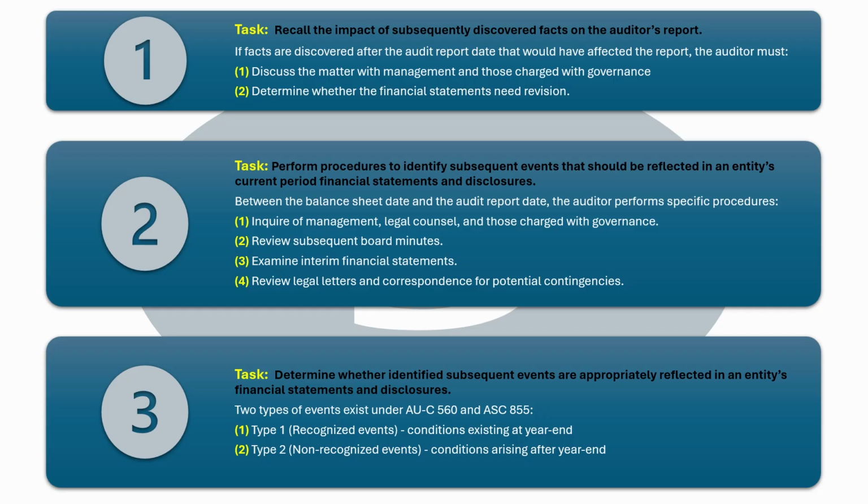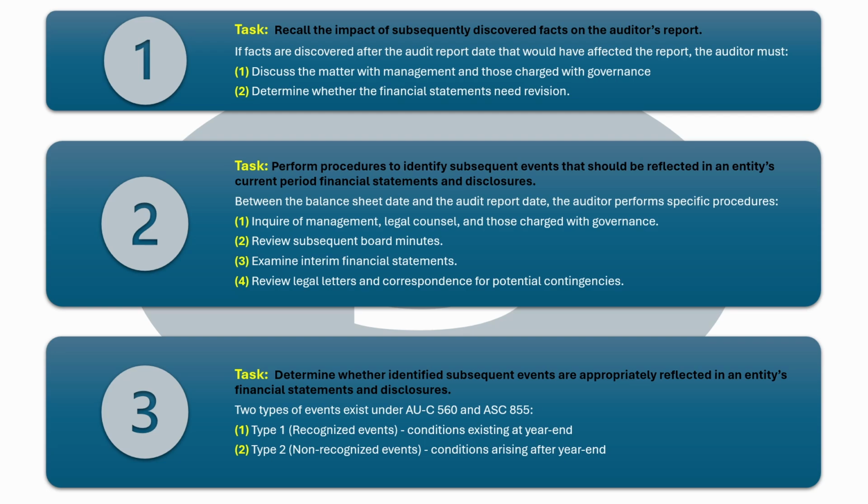These require adjustment. Type 2, non-recognized events, provide evidence about conditions arising after year-end, for example, a natural disaster or new litigation. These require disclosure only if material. The auditor evaluates whether management has appropriately adjusted or disclosed events. If not, modification of the auditor's report may be required.